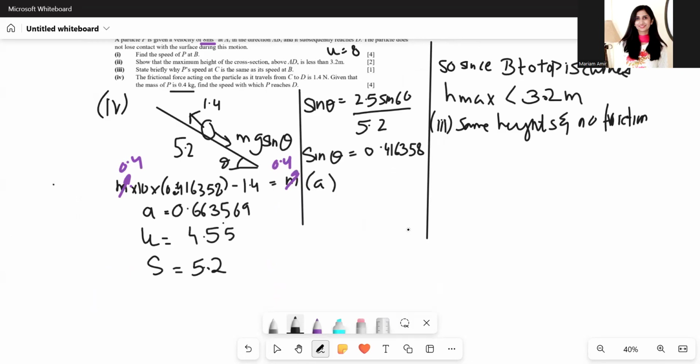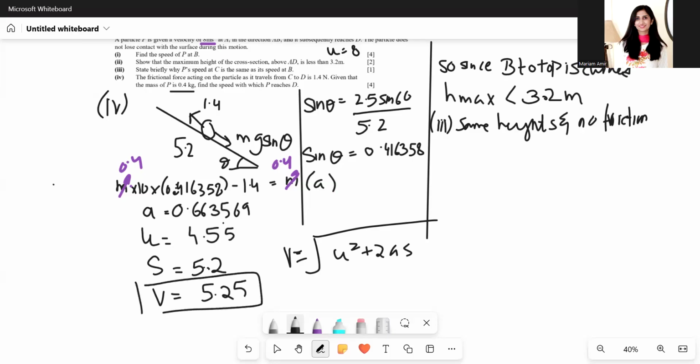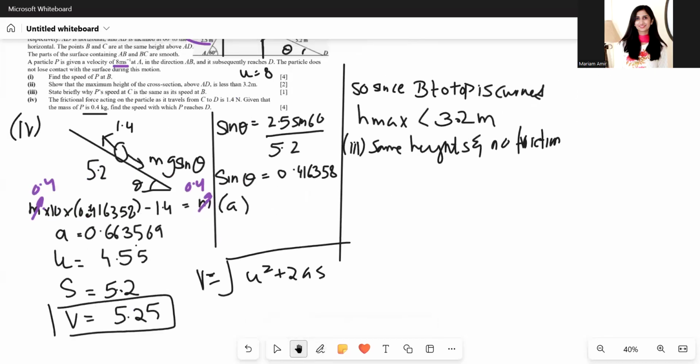And we will find v using v squared equals u squared plus 2as. So square root of u squared plus 2as. And when you substitute all these values, you should get 5.25. Yeah, right. This is how part 4 is done using equations of motion and Newton's second law.